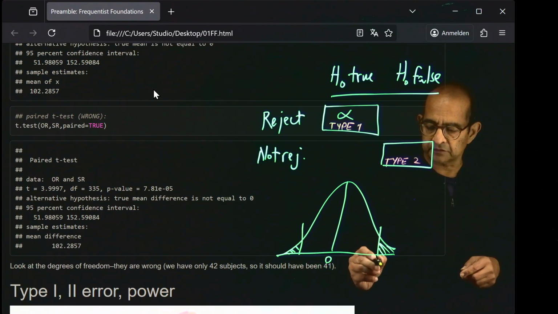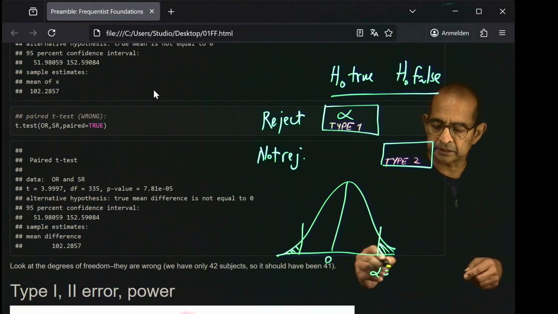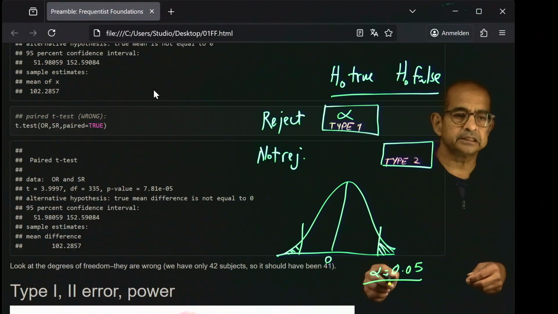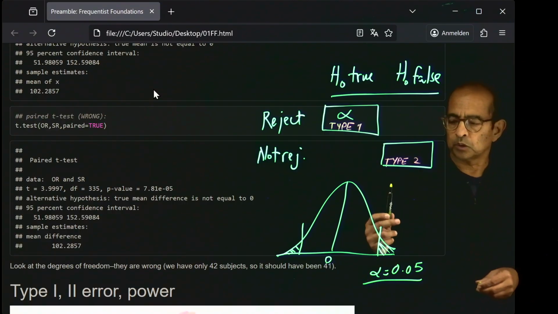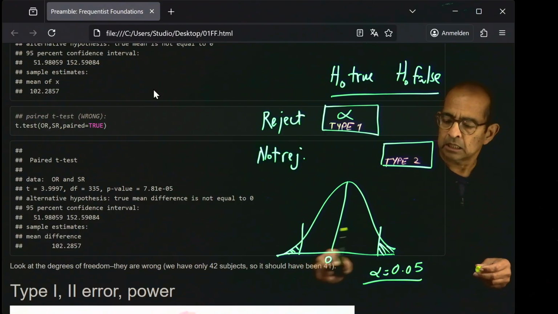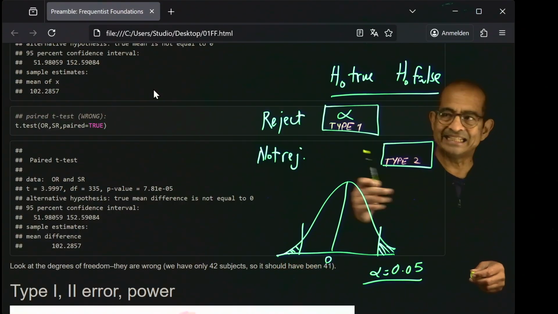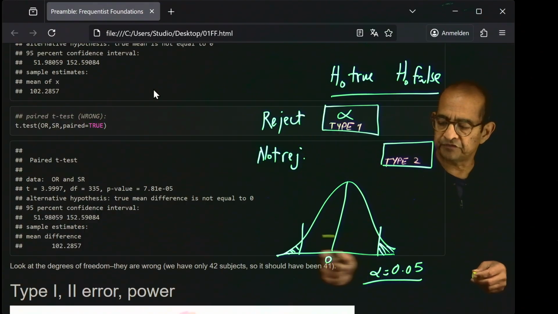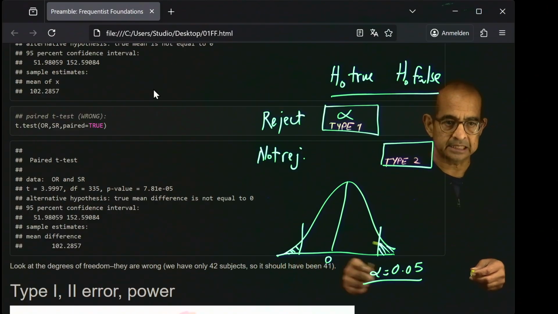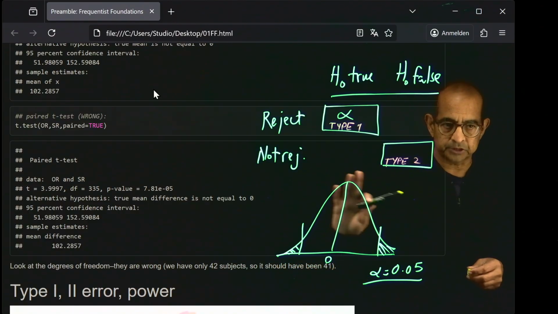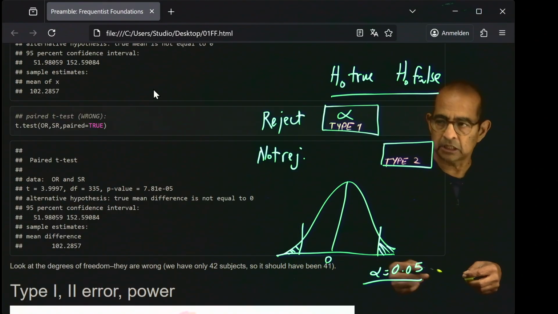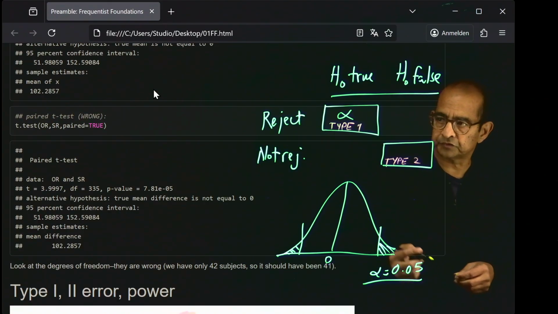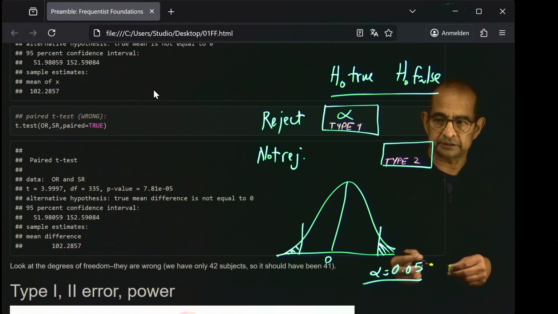This area under the curve is the type 1 error and is conventionally set at 0.05. The logic here is that when we do our statistical test, the probability of our incorrectly rejecting the null when it's actually true will be 5%. That's the meaning of this graphical summary of type 1 error, or alpha error as it is called.